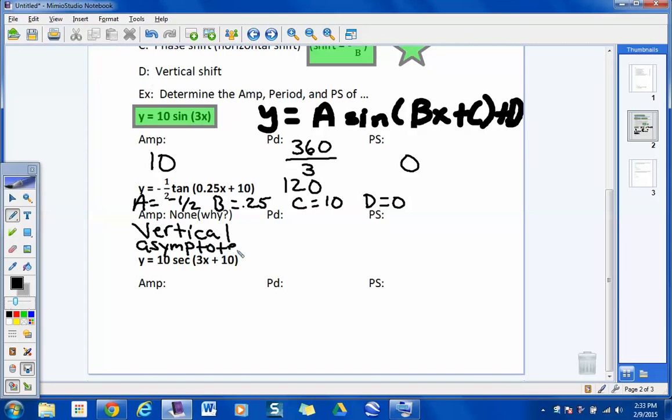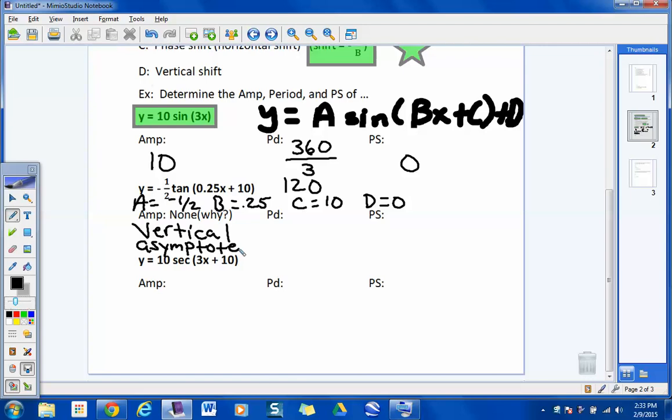Okay, so what kinds of functions will not have an amplitude? Well, do you guys have your 6.1 notes handy with these graphs right here? See them right here? Remember this paper right here? Well, the only ones that didn't have asymptotes in them were sine and cosine, right?